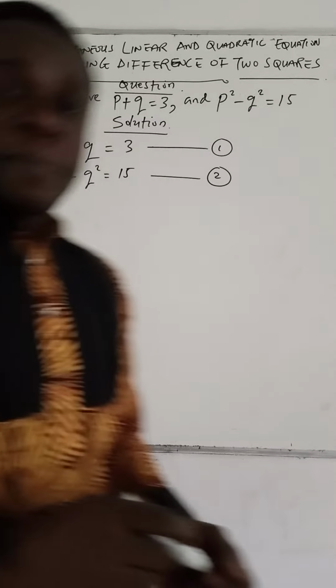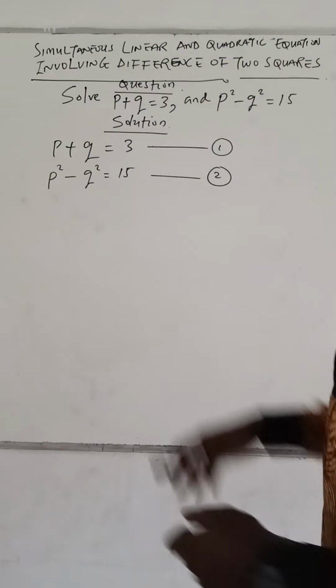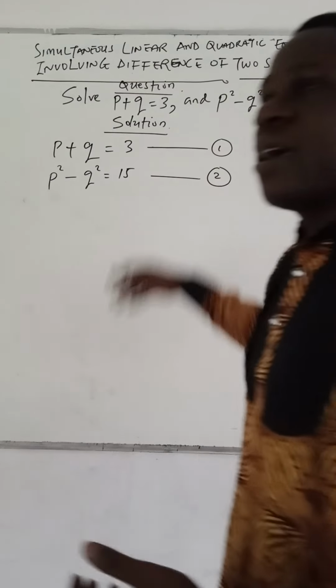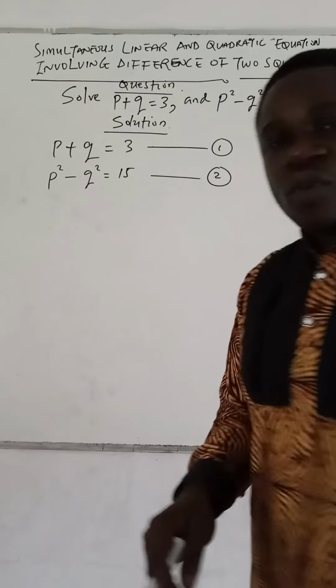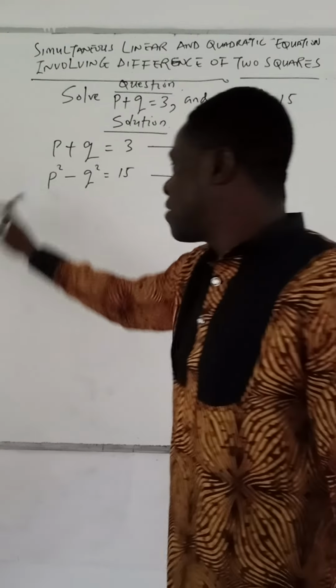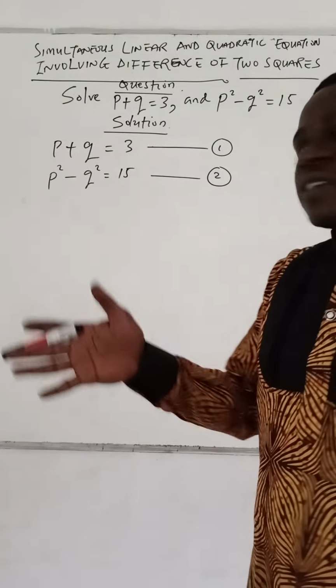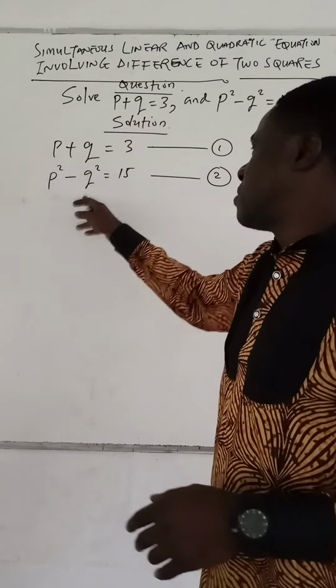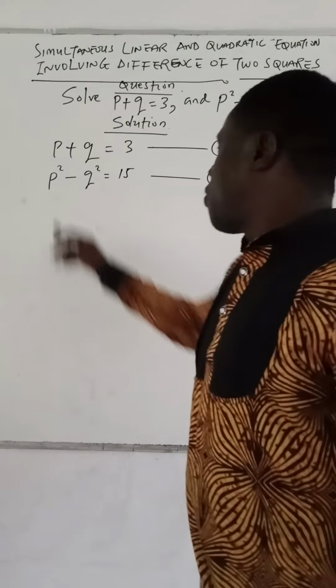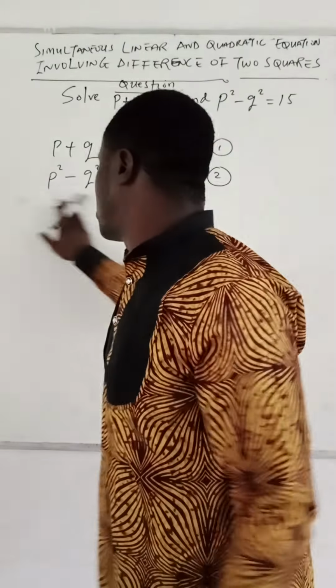Now, it is very important for us to note that there is a technical problem here on the left hand side of the second equation, where you have a difference of two squares. There are two terms that are squared here, and their difference is what we are going to consider.